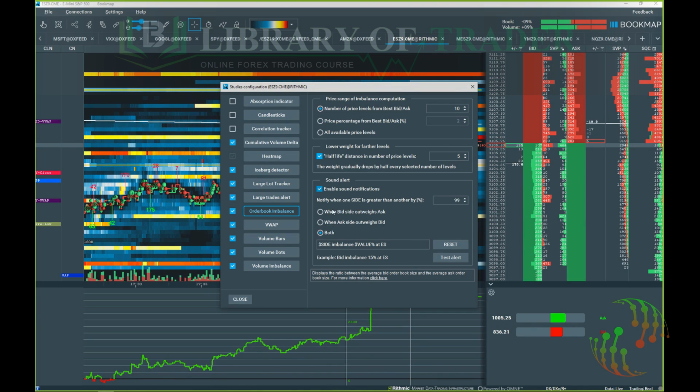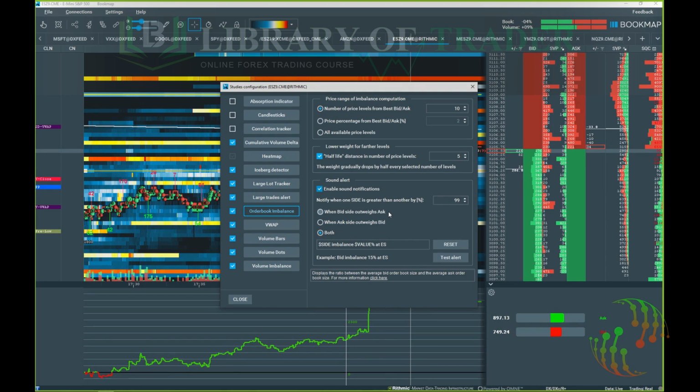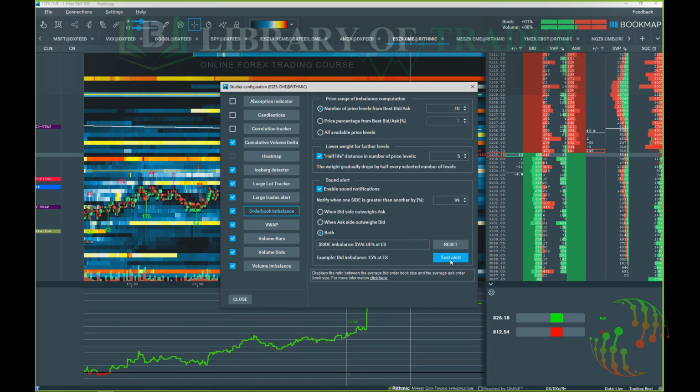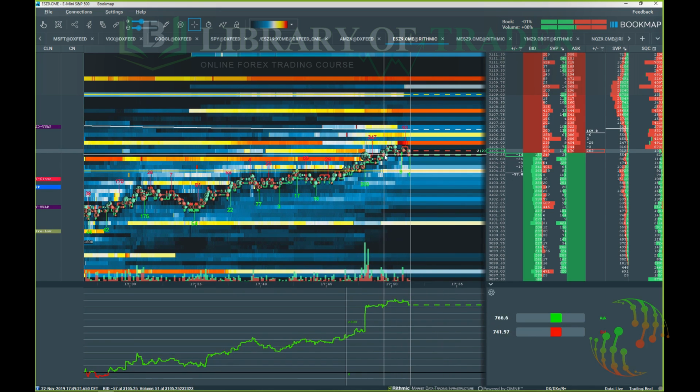And I can also enable the sound. When the imbalance is bigger than 99% on either the ask or bid side, I've got an example: bid imbalance 15%. Then I've got an alert that alerts me: okay guys, something is wrong here.